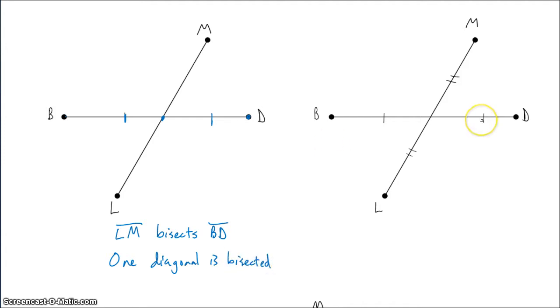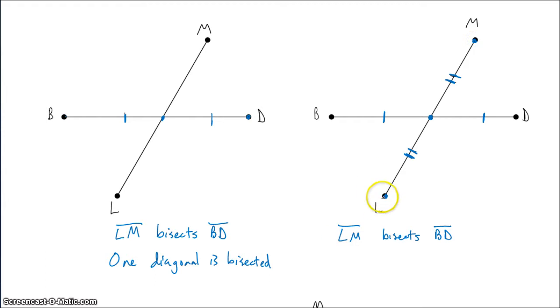Now if I look at example 2, again, I have enough information given to me that BD is being bisected. So I know that segment LM bisects segment BD. But I also know that LM is being bisected. If we look, this segment from L to this point here is the same as from M to this point here.